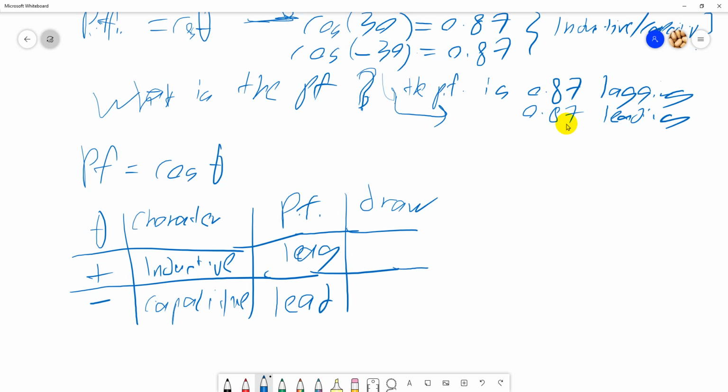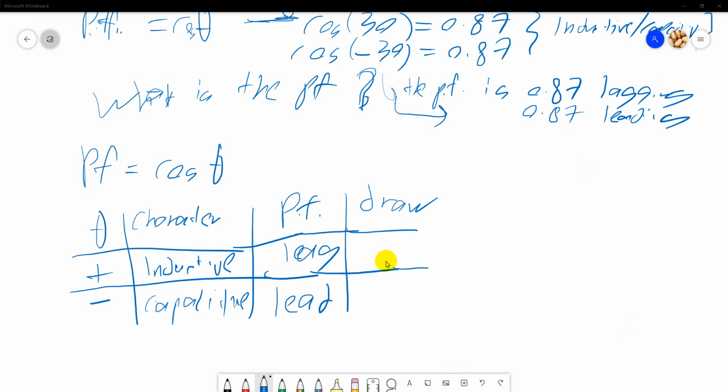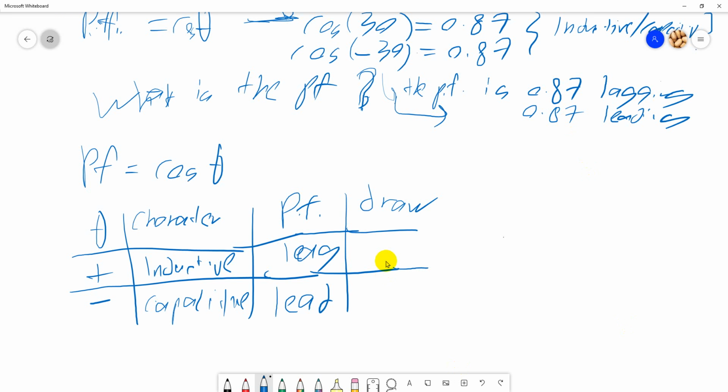When it comes to the terms leading and lagging, you have to make voltage the reference. For example, this one is V. Lagging means that the current is the thing that you analyze, with voltage as the reference. For lagging power factor, the current I is lagging. For leading power factor, the current is leading.